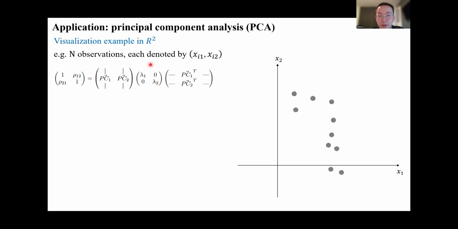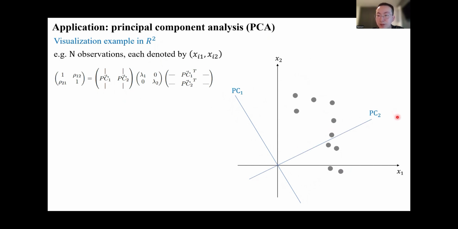Let me give you a visualization in R2. Suppose we have n observations, and each observation has two variables, xi1 and xi2. Here, we use the spectral theorem to decompose it. We find the direction of PC1 that explains most variations in this data, which means that if we project this data onto this PC1 direction, it has the largest variation among all directions. And because PC2 needs to be orthogonal to PC1, and this is only an R2 space, PC2 has to be in this direction.